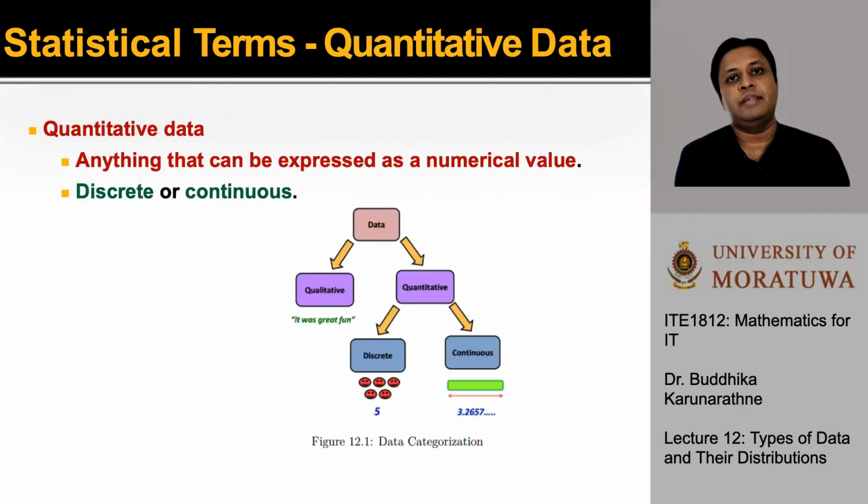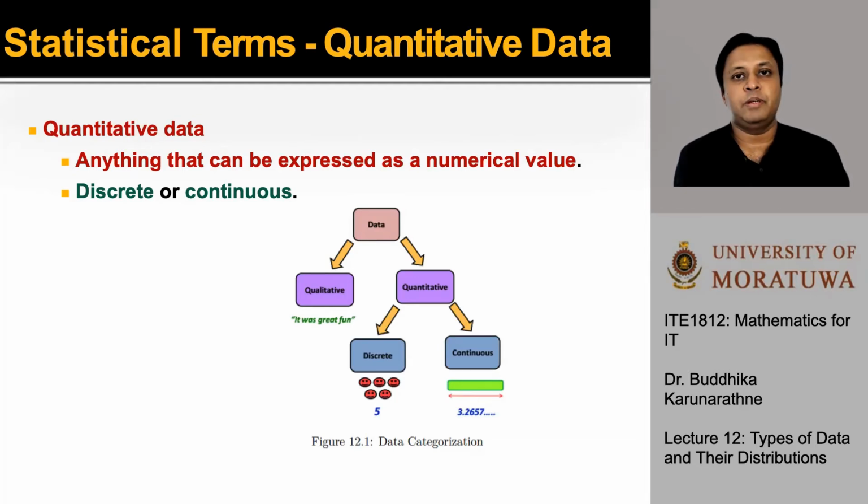So let's first look at what is meant by quantitative data. This is anything that can be expressed as a numerical value. There are things that we can express in numerical values, and there are things that we cannot. All right. So numerical or quantitative data, we can identify two major types: discrete and continuous.